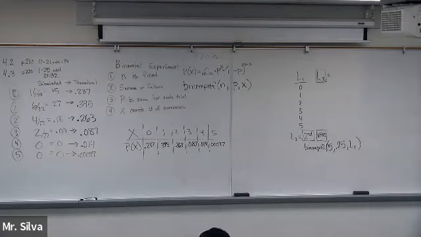Scientific notation is 9.7, so that's why I wrote it as 0.00, the three zeros. Anybody else? Yeah. All right.